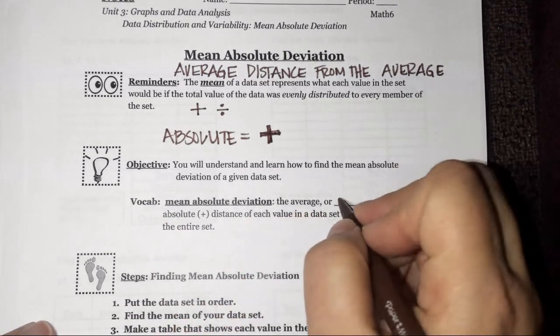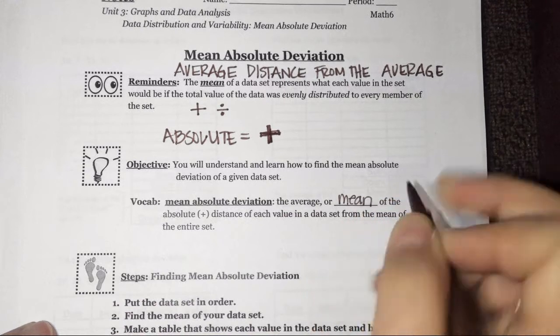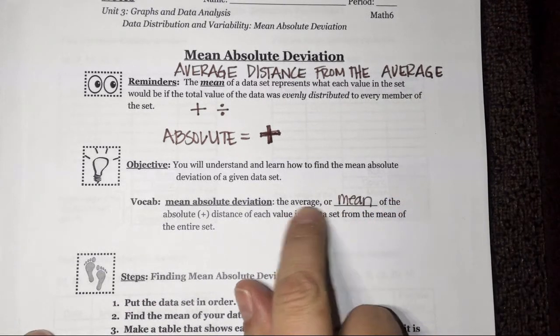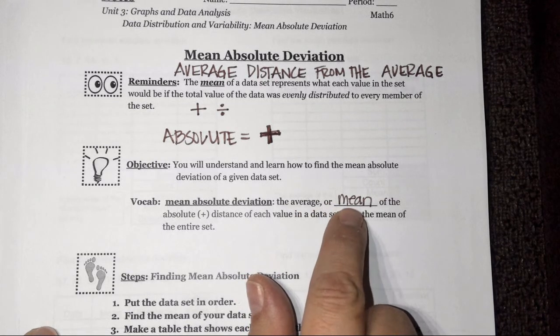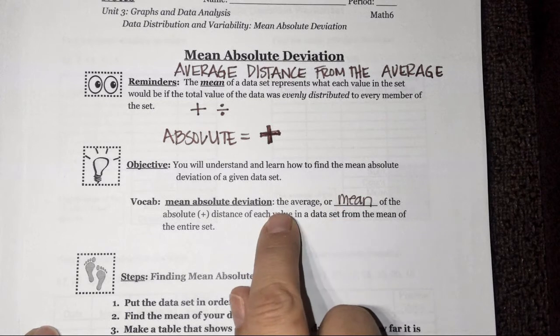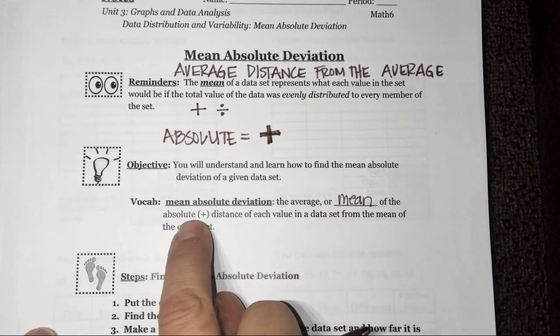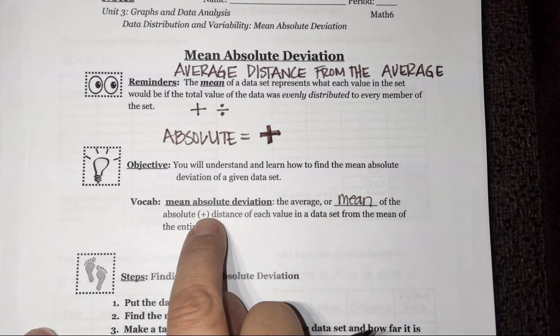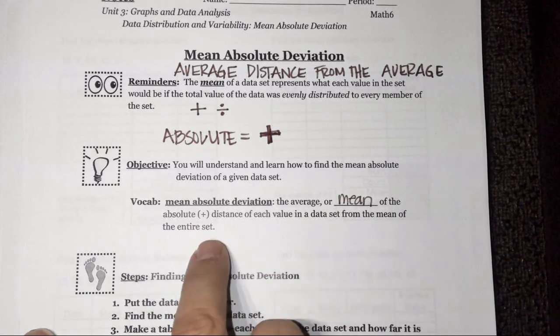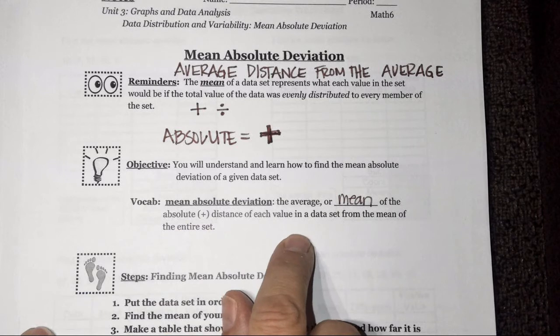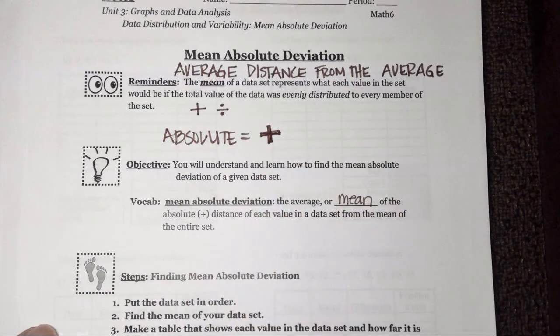The average, or mean, and you will hear me refer to these words, they are synonyms. Average and mean, they mean the same thing. So it is the average or mean of the absolute distance, which is positive, of each value in a data set from the mean of the entire set. So again, in easier words, average distance from the average.